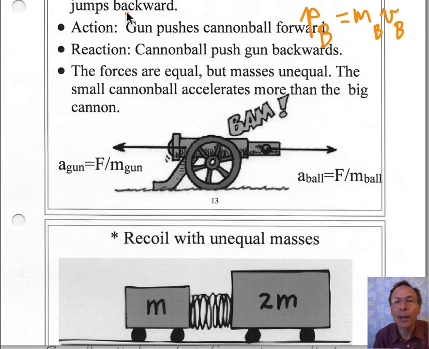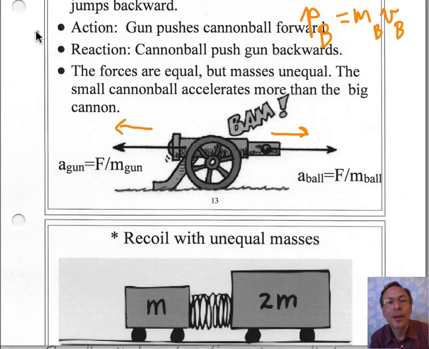We know that the momentum of the ball to the right plus the momentum of the cannon to the left have to add up to 0. So the cannon's momentum is the negative of the cannonball's momentum.